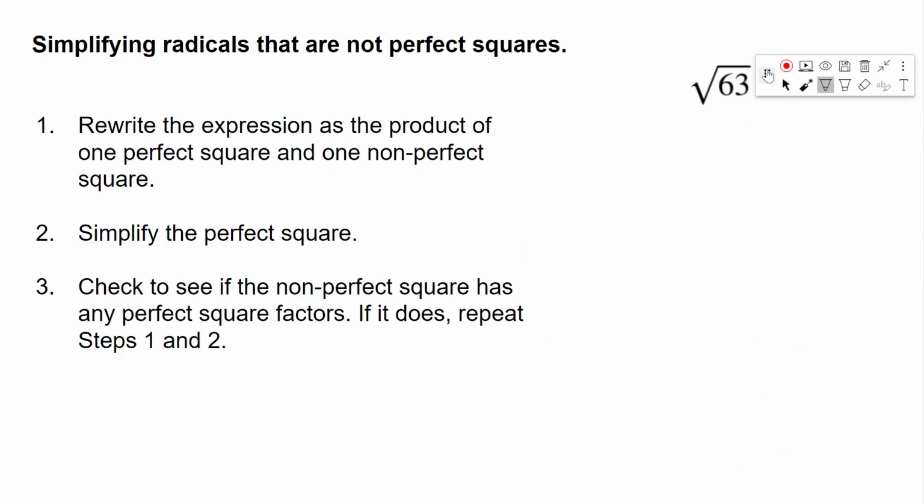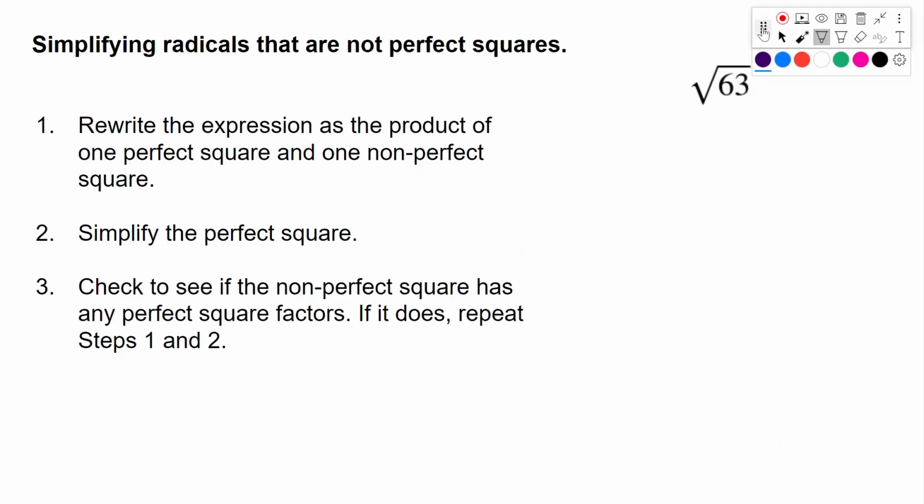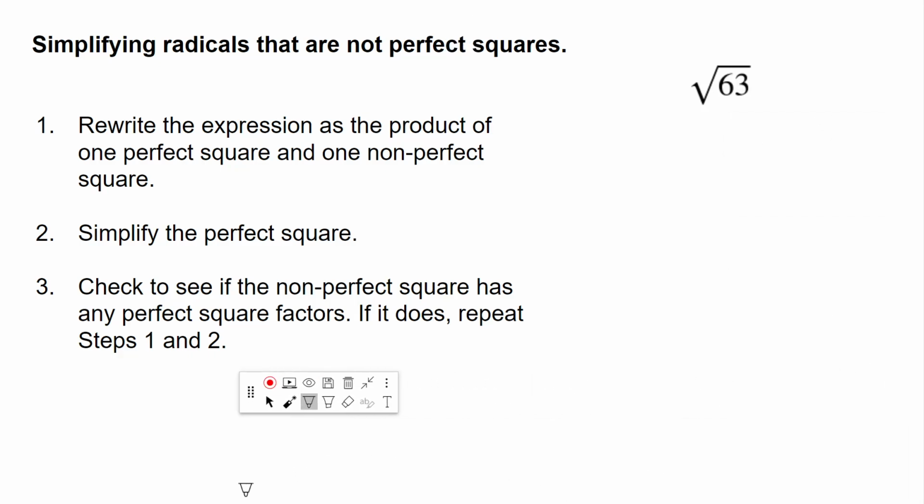So I'm going to start with just some that are just numbers. Here we have the square root of 63. First thing I'm going to do is rewrite the expression as the product of one perfect square and one non-perfect square.